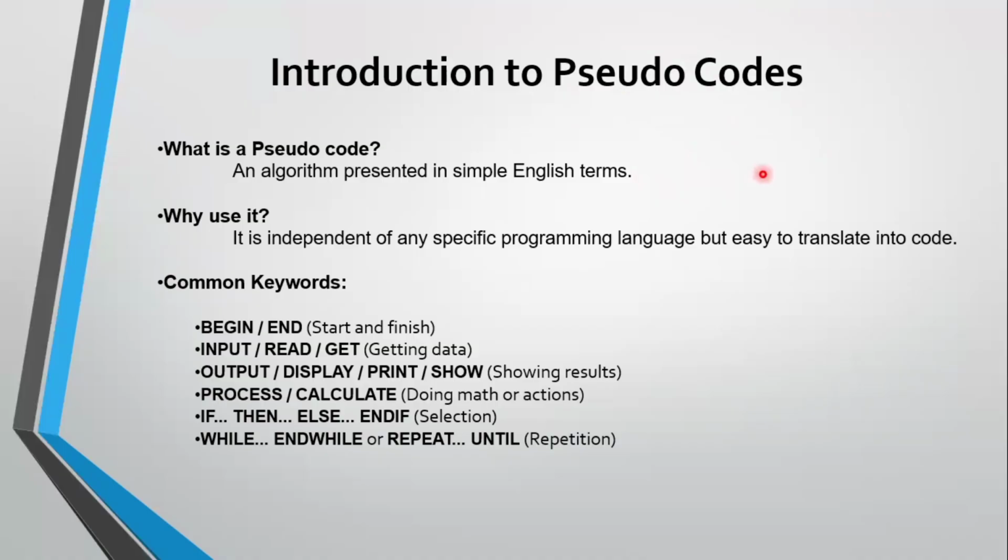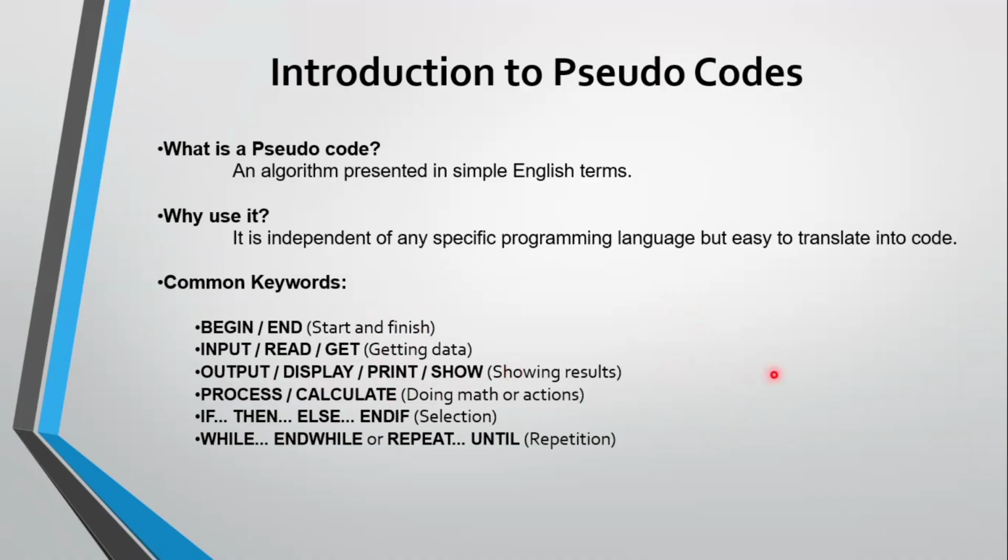It looks like computer code. It uses keywords like in code, but it's just simple English, because it's not tied to a specific language like Pascal or Python. Anyone can understand it and translate it later.